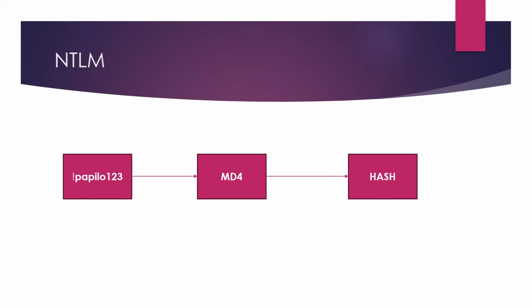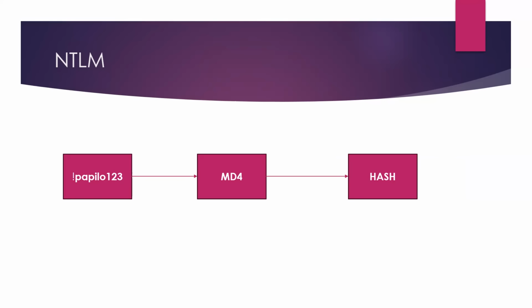But NTLM is case sensitive, and it allows the use of symbols or Unicode characters. Unlike LM, which does not take symbols, in NTLM, it takes Unicode, it takes symbols, and this actually makes a password much stronger.